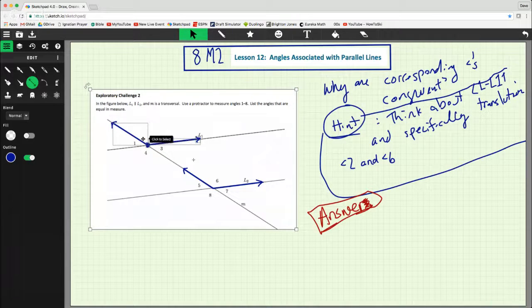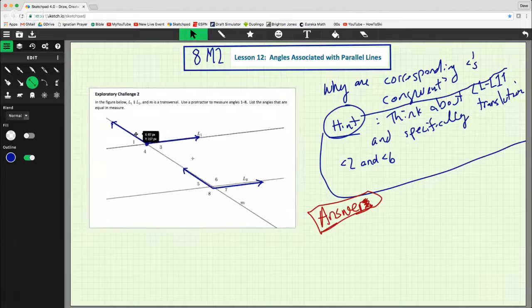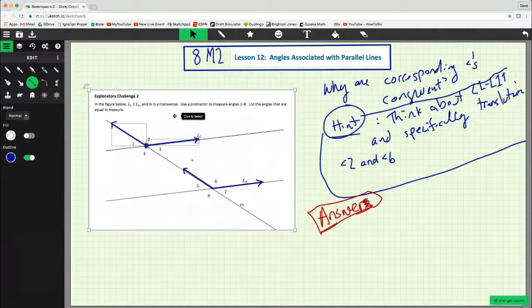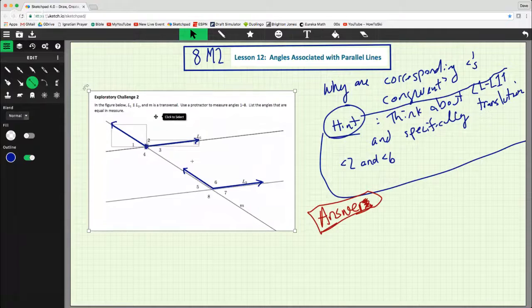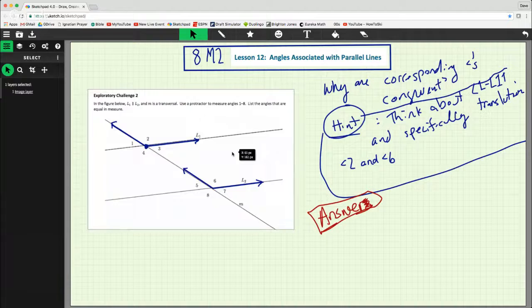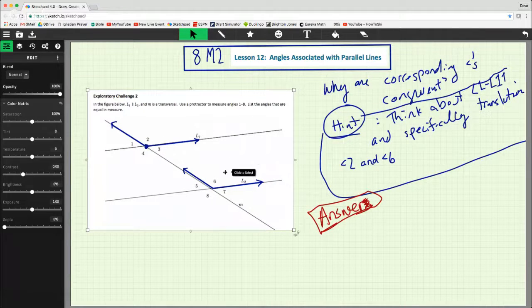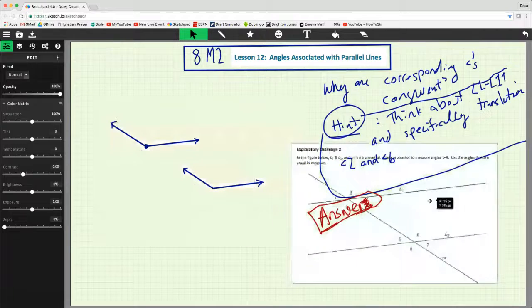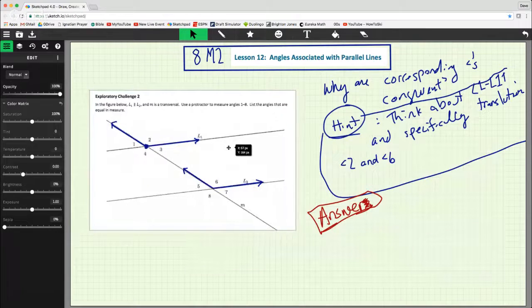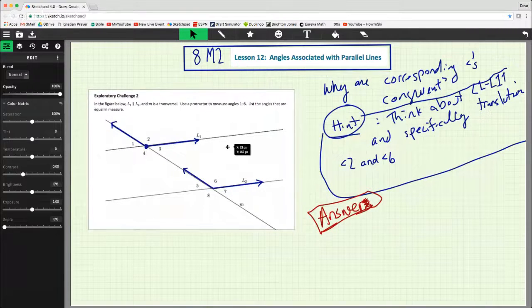Well, not going to be able to do it by selecting, but let's just say that we had these two angles. I'm having a hard time selecting this using this tool here.